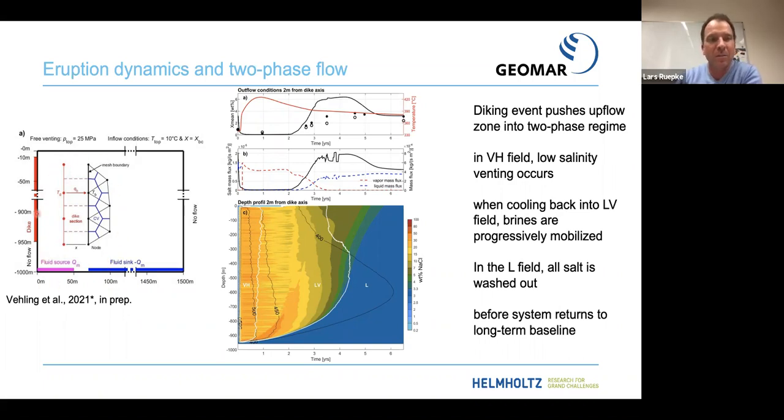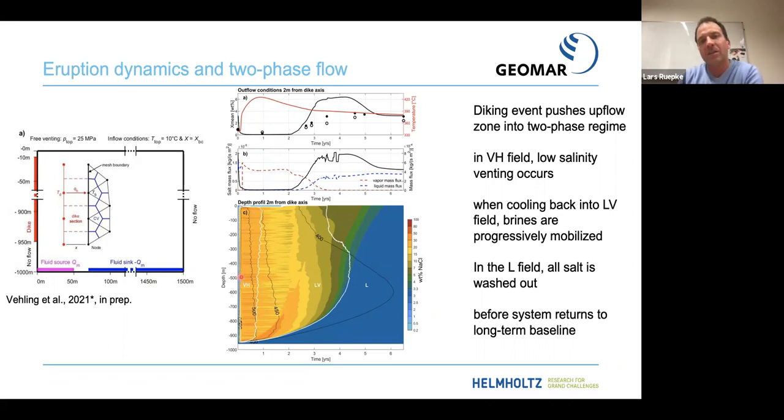Then that system is perturbed by a heat flux boundary condition at the side, where you get the heat in from a diking event. And then in this plot down here, we look at the bulk salt content one to two meters away from the dike. So if this is a dike, we look at the profile going down here. The dike goes until 10 meters below the surface and starts down there.